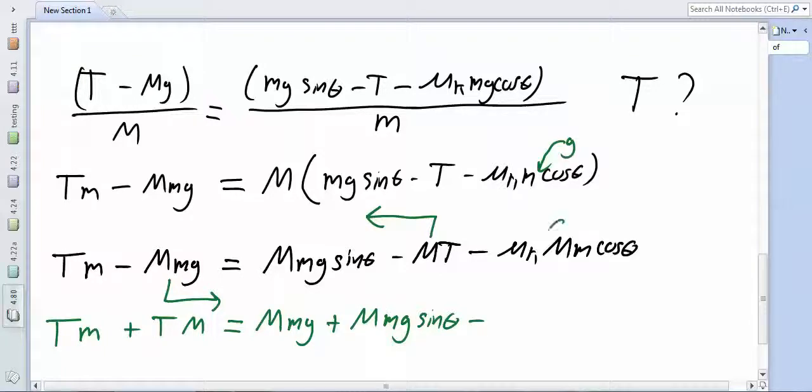I lost it right here. Big M little m g times mu k cosine of theta.